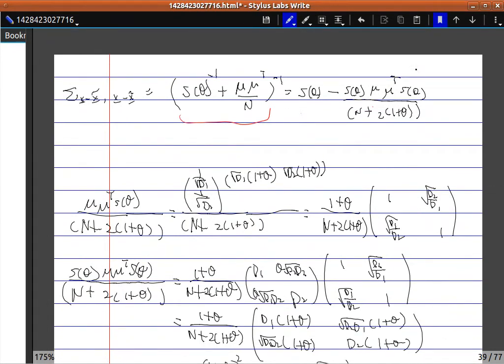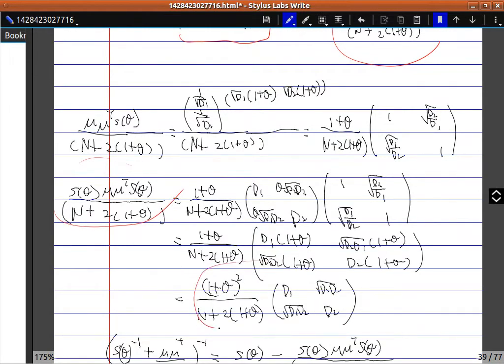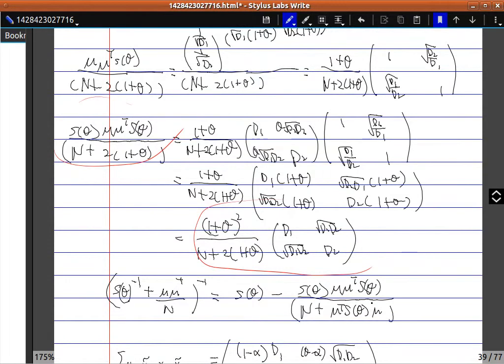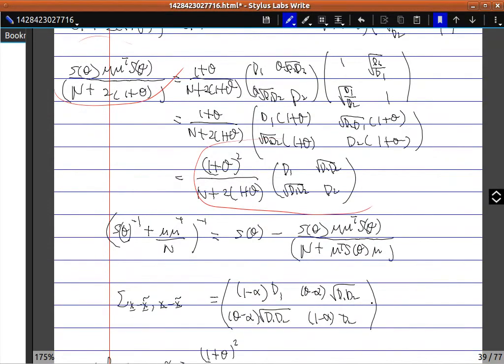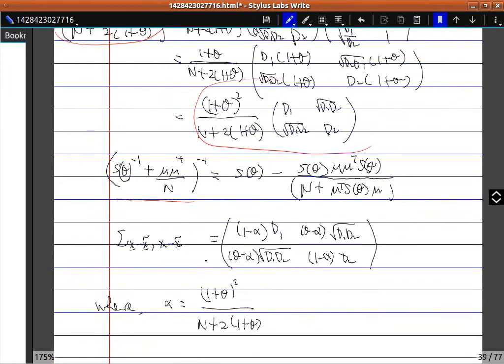Then we have this term here, trying to compute that, and we get something like that. So therefore, the inverse of this eventually is just equal to this. So therefore, the covariance of the estimation error of x tilde will be just equal to this, where alpha here is equal to this.